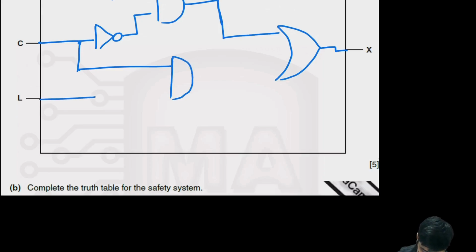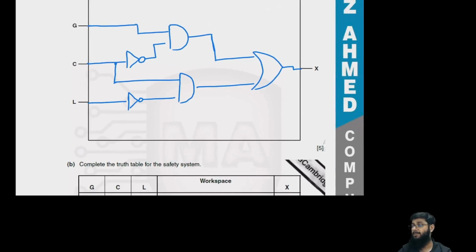Going into the OR gate finally. So this is how you need to draw this circuit.